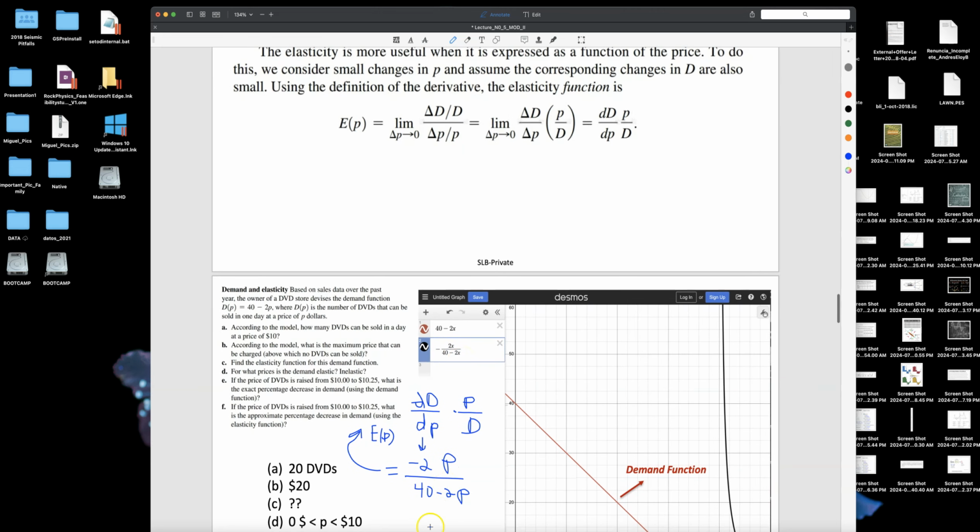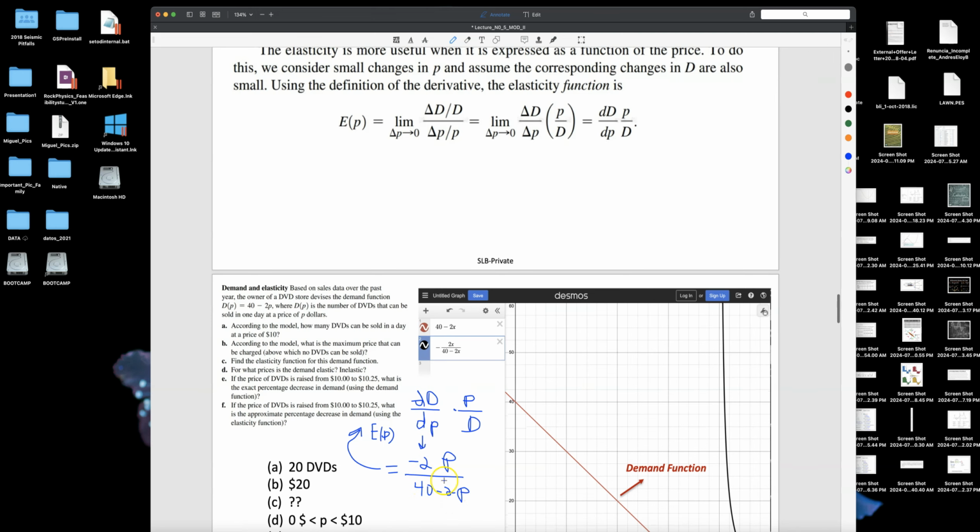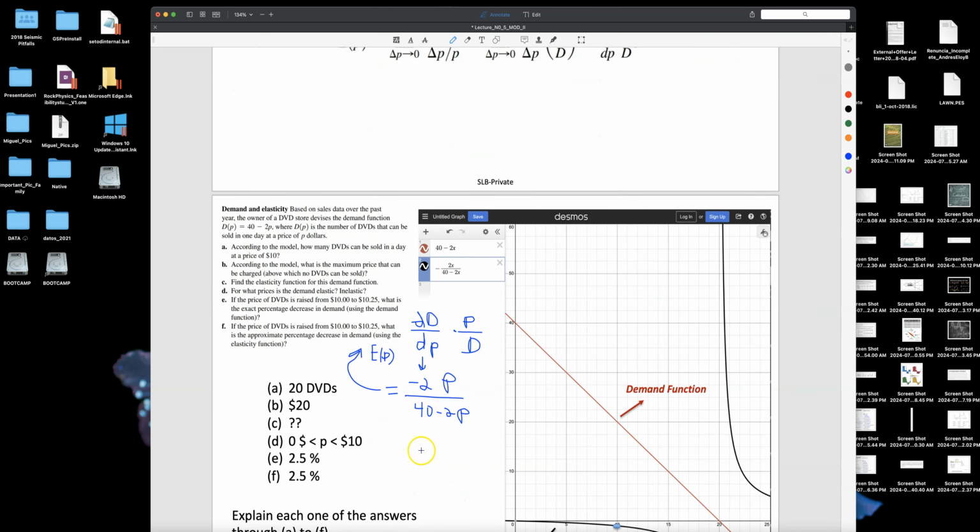Of course, we can simplify this because 2 is a common factor. So we can have here minus x, and then here is going to be 20 minus x. Okay, which is exactly what I have over here. But I just leave it like this just to remind you where this is coming from. This is coming from the definition of elasticity of the price.